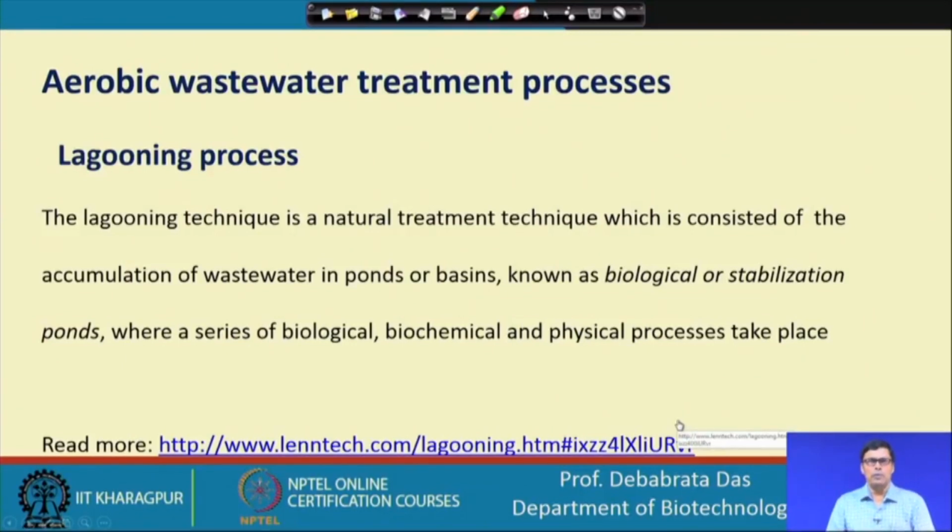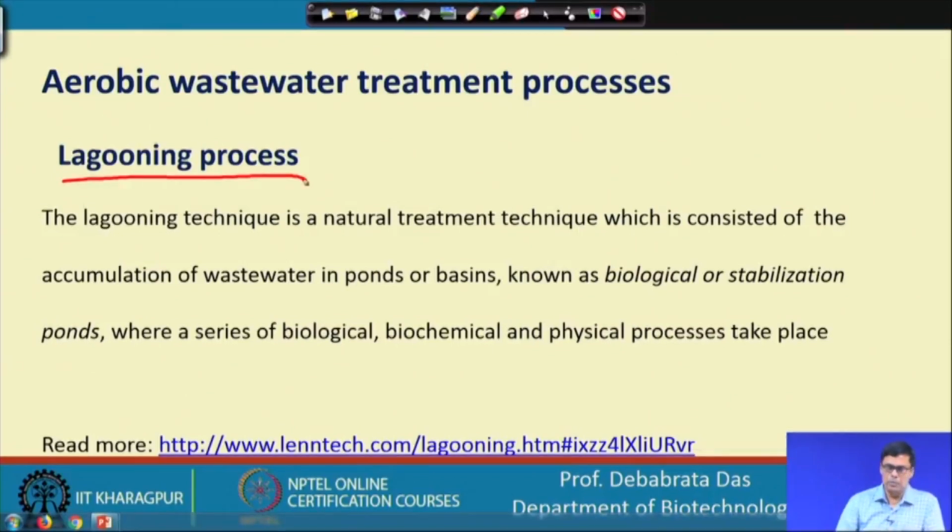Now, let us talk about the different aerobic wastewater treatment processes, and the first process that comes to our mind is the lagooning process. This is a very old process that we have. What is the lagooning process? We know lagoon. A lagoon is a kind of shallow pond. We put the wastewater in the shallow pond, and aerobic organisms grow there, multiply and degrade the material.